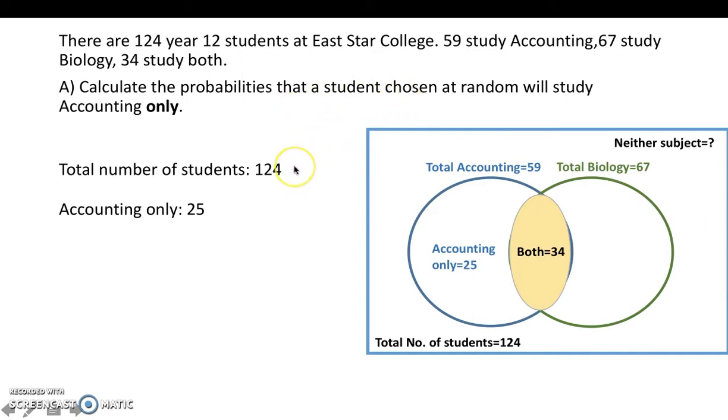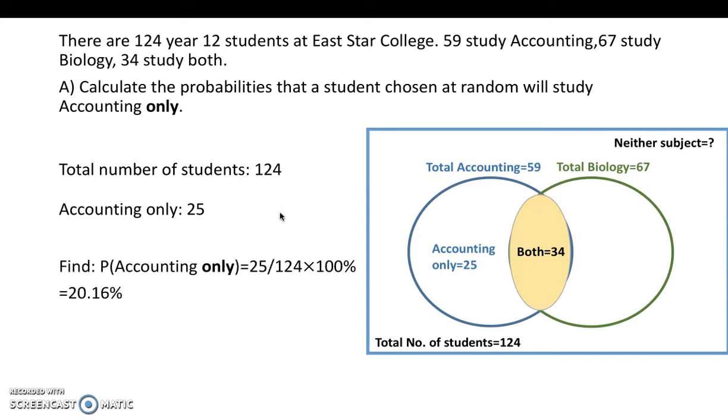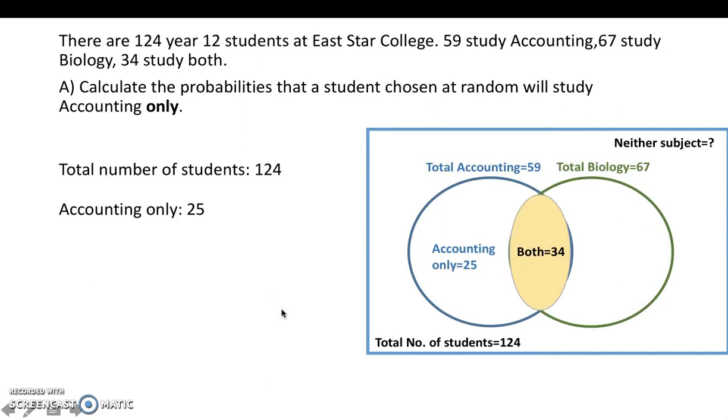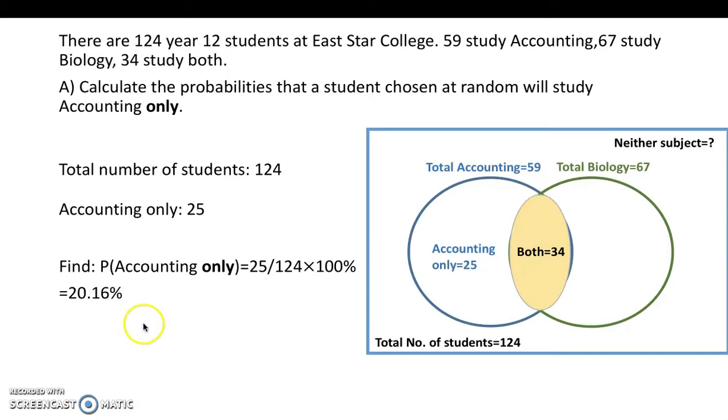Here, the total number of students is 124. Students who study accounting only is 25. To find the probability, I simply use 25 divided by 124 times 100%, which gives me 20.16%.